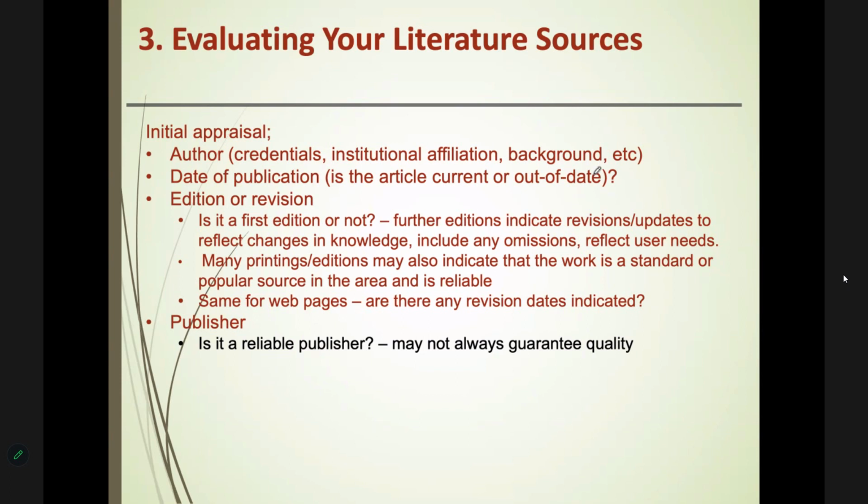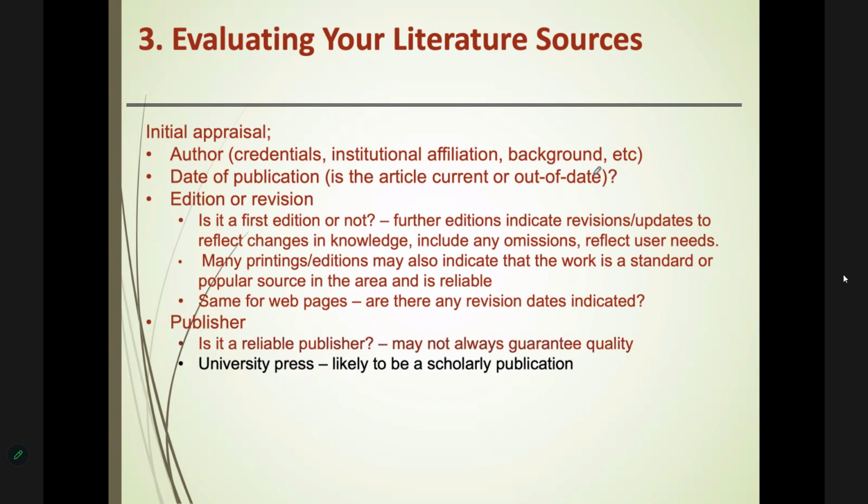They don't publish any journals which are not reliable, right? So if you go to a database and find a journal, the database is very reliable because we can trust them. They publish only quality and reliable journals.